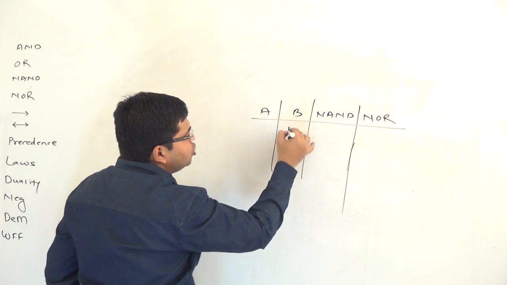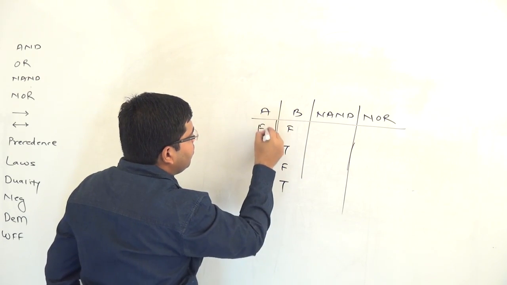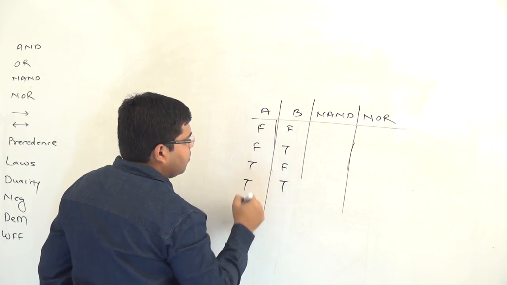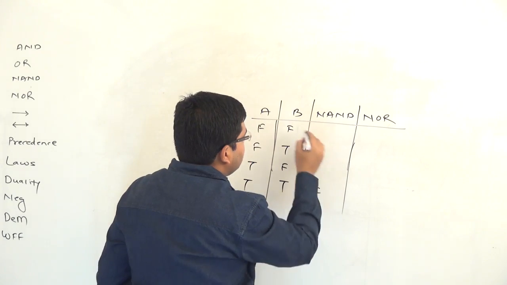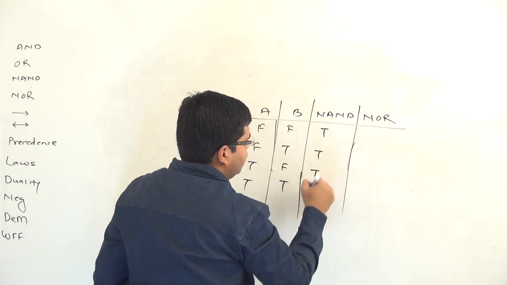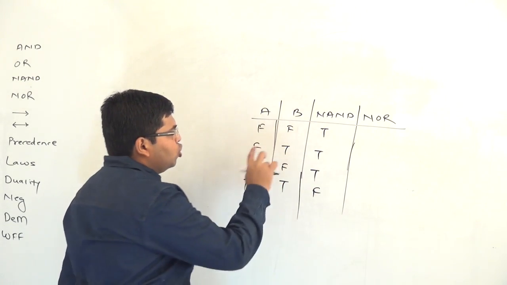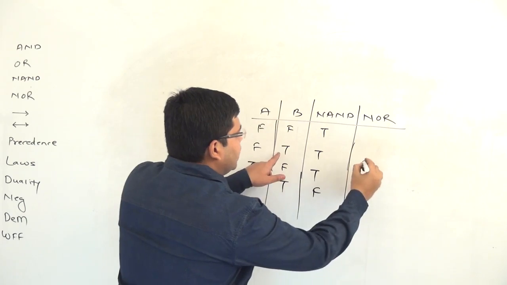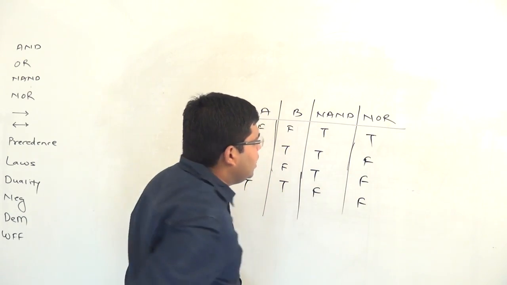Let's take the values. Now here NAND will be true, true, true will become false. These are all going to be true. Now in case of NOR, it is negation of OR. So true, false will be true, negation will be false, false, false and true.